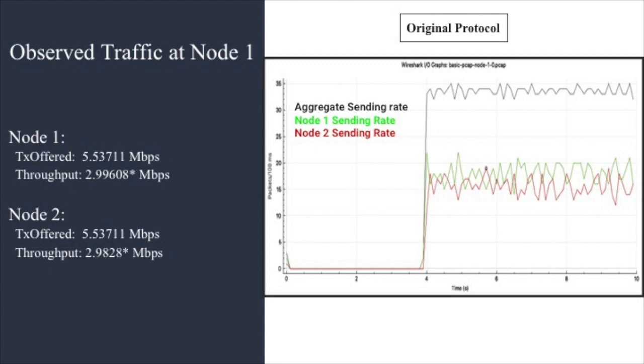But essentially what is happening is that nodes 1 and 2, as in the two senders in this topology, are essentially sharing the channel because they are both trying to offer traffic the entire time to totally saturate the link. And we are essentially receiving half of the maximum channel bandwidth at each node. One final thing to note on this slide is the star beside the throughput for each of these nodes.